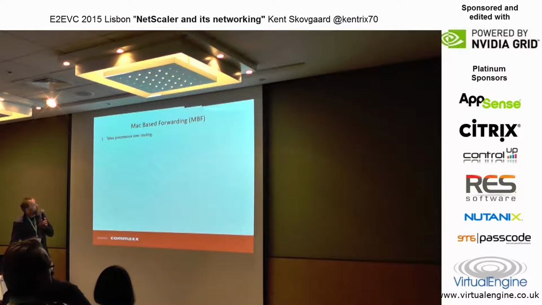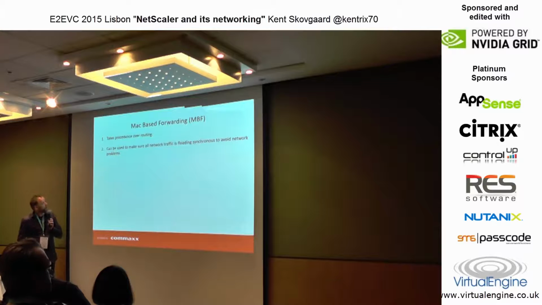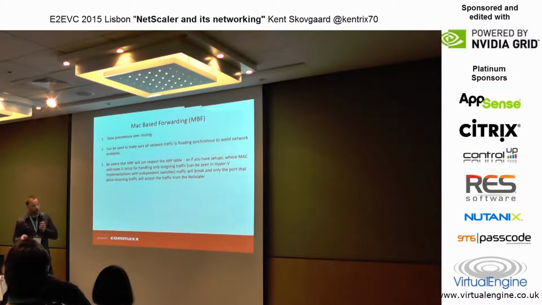So MAC-based forwarding will take precedence over routing actually. This means that packets that come from a specific MAC address will also get the traffic returned to that specific MAC address. It can be used to make sure everything is flowing. I have heard a lot of stuff like this is really bad, until I was actually in a dialogue with some people who were used to using the F5, which you might have heard of, a competitor to Citrix NetScaler.